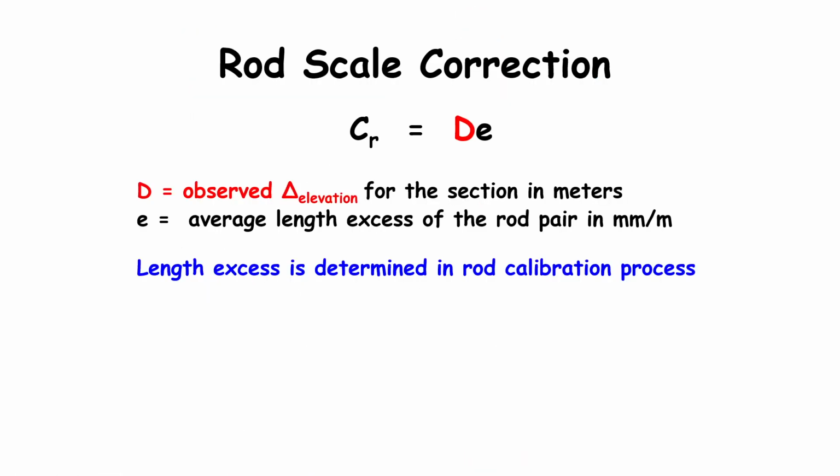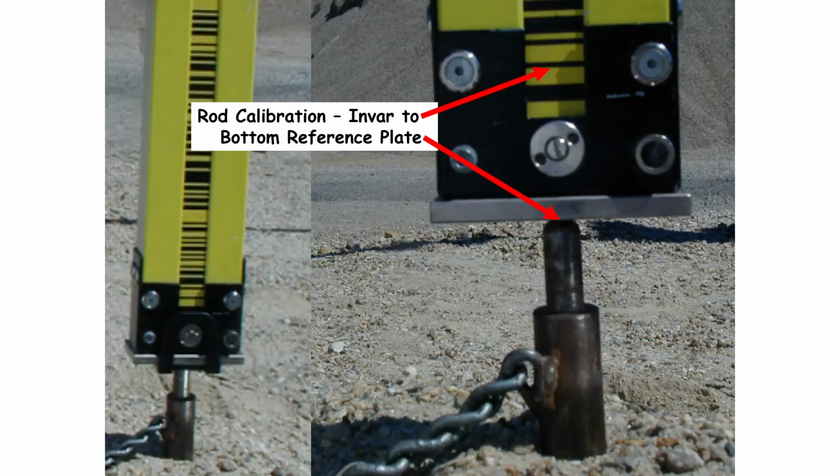Rod scale correction. We have spoken about this kind of error. Sometimes we need to measure an average length excess of the rod pair in millimeter per meter. Length excess is determined in the rod calibration process.